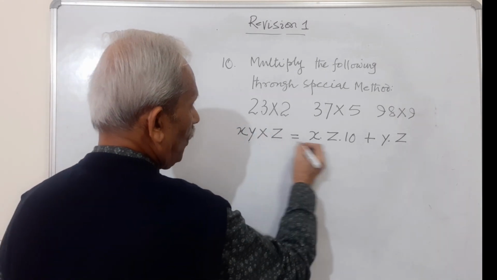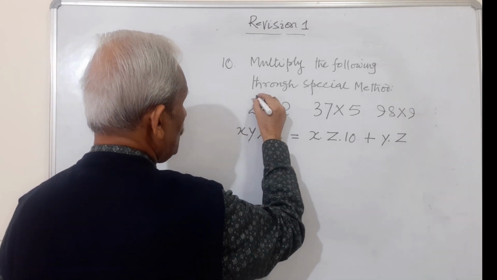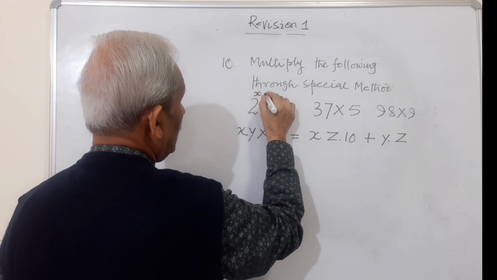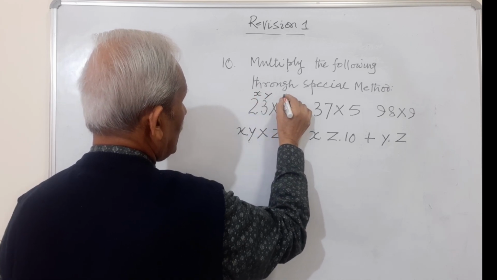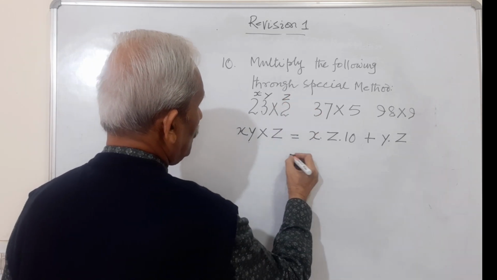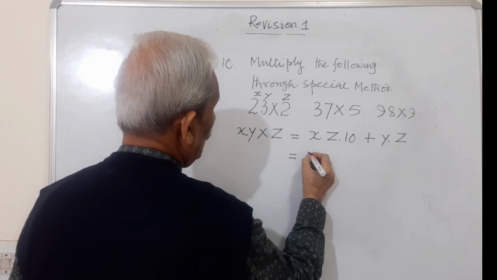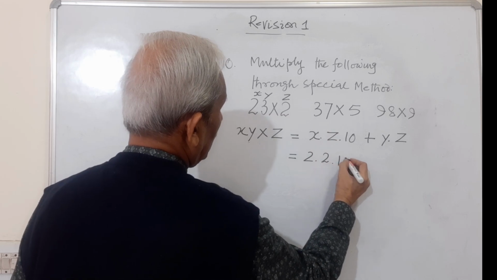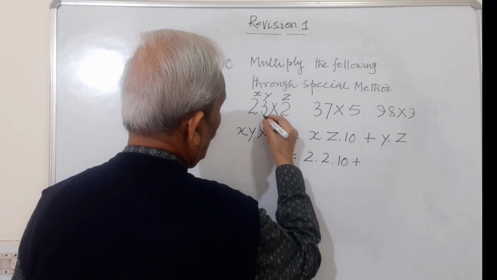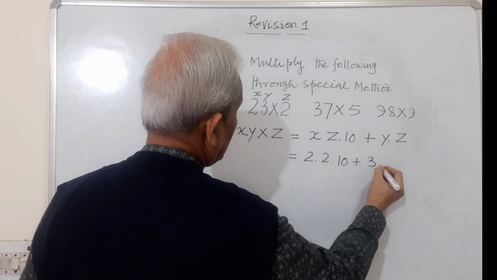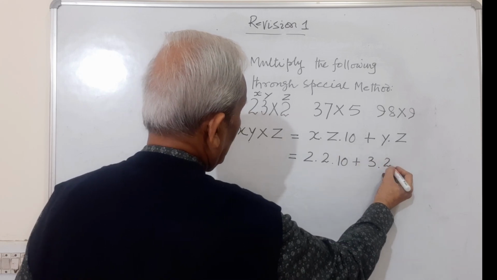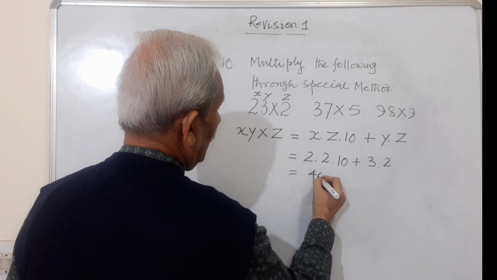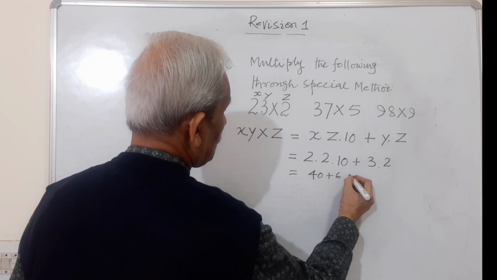Now here let me follow this. X here is 2 and y here is 3; this is x, this is y, this is z. So what you do is x is 2, 2 into z is 2 into 2, 4 into 10 is 40, plus y into z, 3 into 2, which is 6. 46.